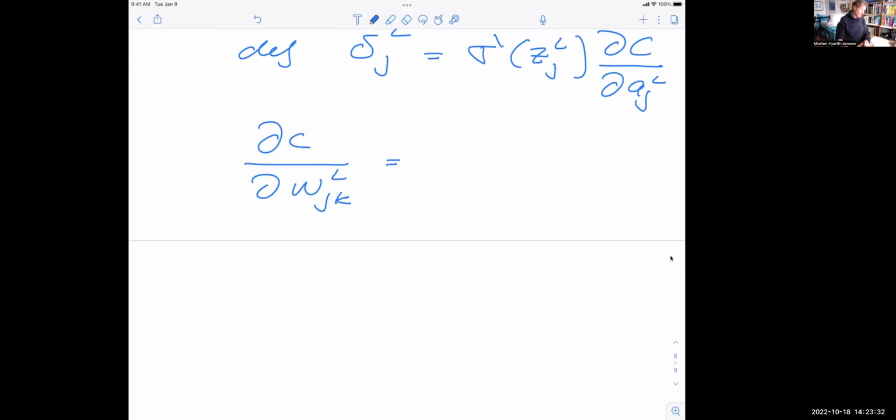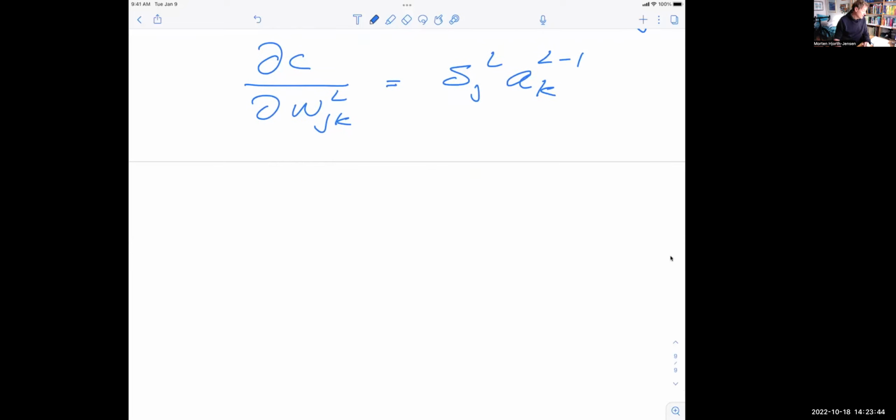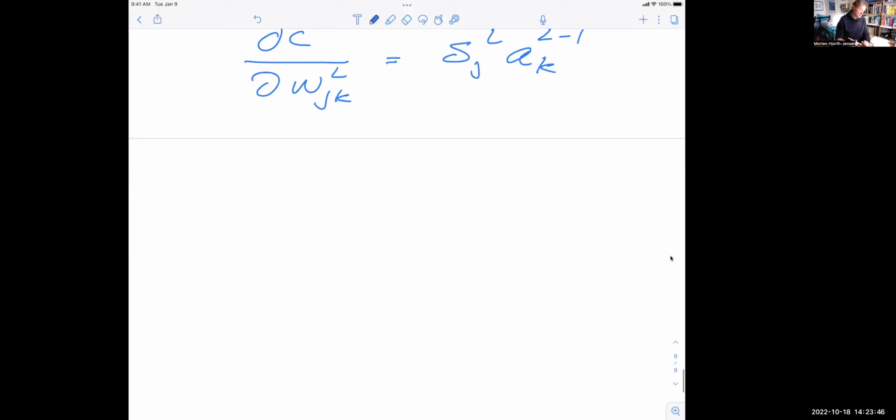And these are given by this parameter delta j multiplied with the input from layer L minus 1. What we also found is that these parameters, delta j of L, are parameters which we can also define in terms of the derivative with respect to the biases, j of L.